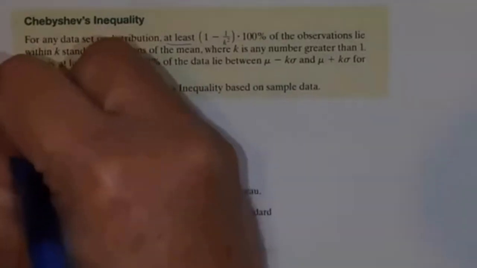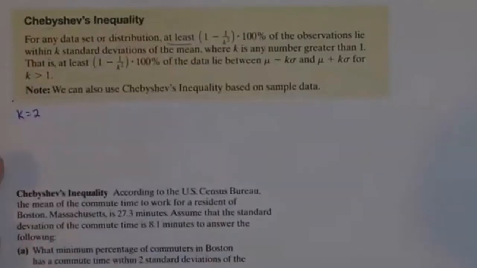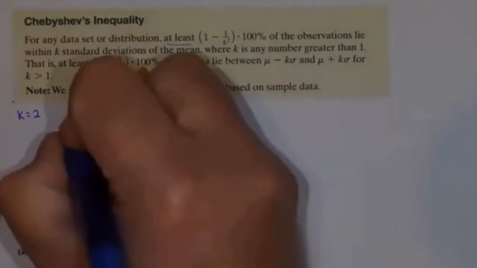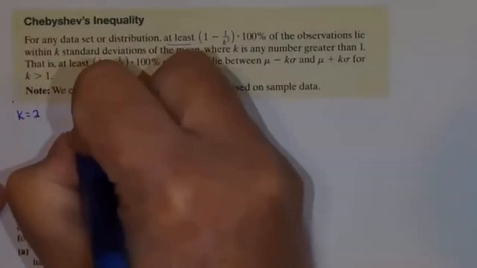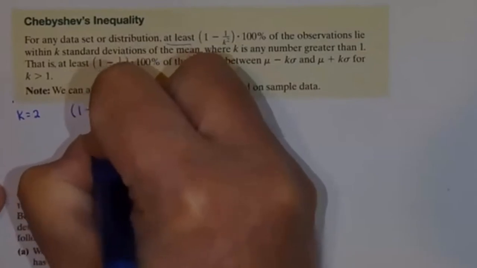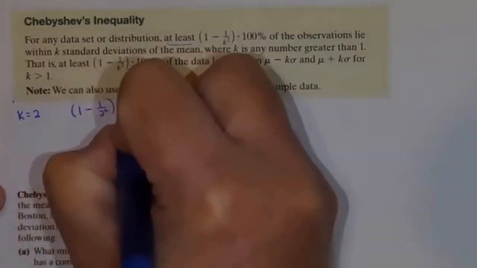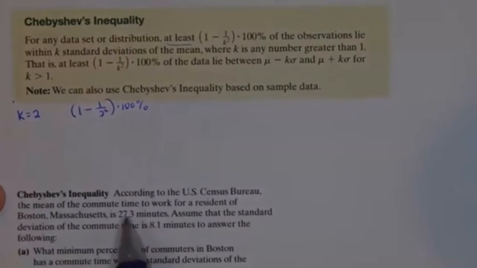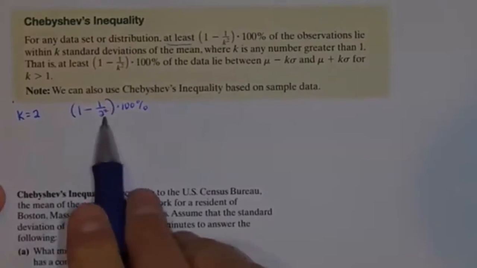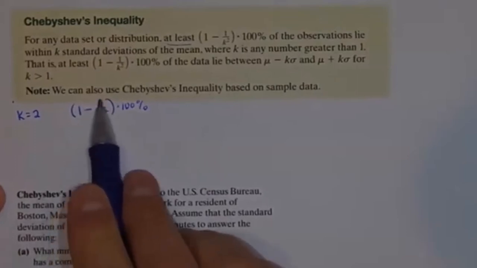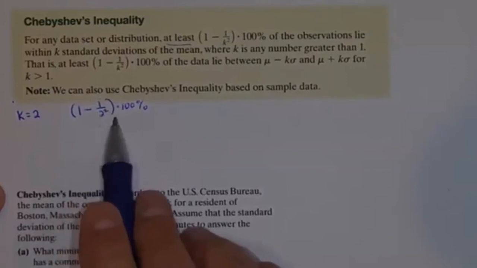So if k equals 2, k equals 2 is talking about 2 standard deviations from the mean. So Chebyshev's inequality would say take 1 minus 1 over 2 squared times 100%. Well, 2 squared would be 4. So I have 1 minus 1/4, which is 3/4.